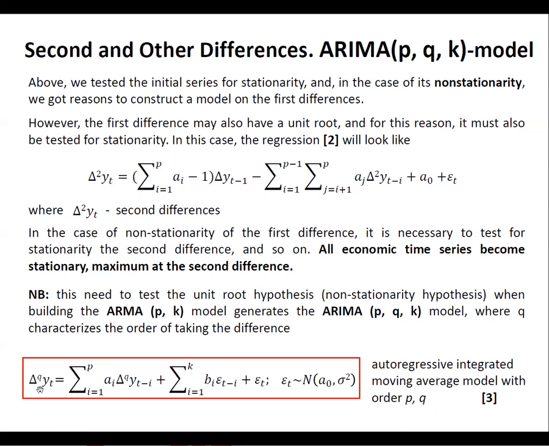If q equals 2, then the ARIMA model is built on the second differences. But these are in fact some generalizations. So the R function that allows us to build an ARIMA model is actually not called an ARMA function, but an ARIMA function. And there we mean that you can specify this order of taking the differences to build a model.